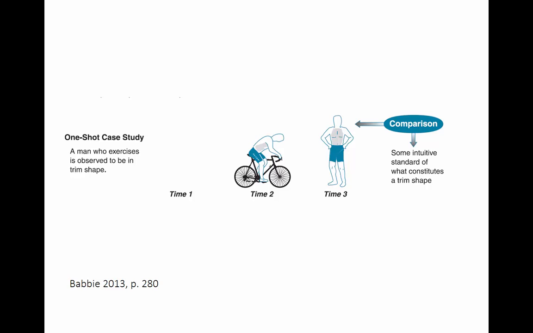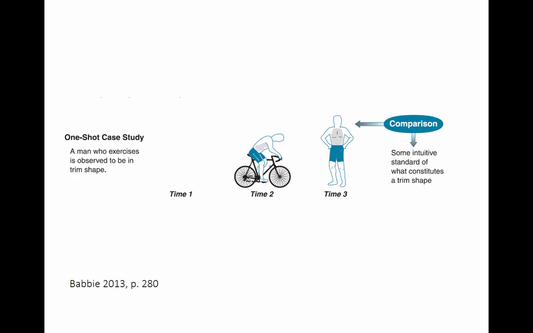It's all about the comparisons that we use to draw conclusions about what we find. When we just observe that somebody who exercises a lot is in good shape, we don't know anything, unless we compare it, which is what the one-shot case study does, with some intuitive standard of what constitutes a trim or good shape.